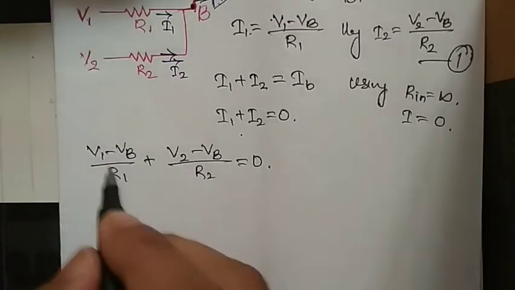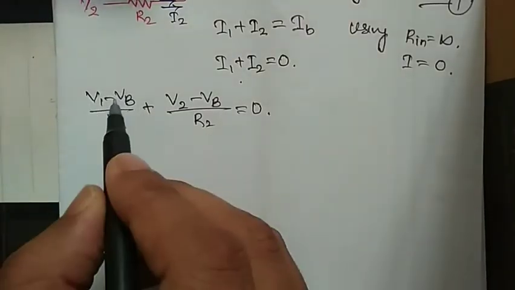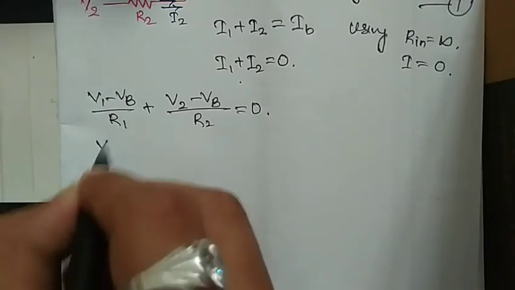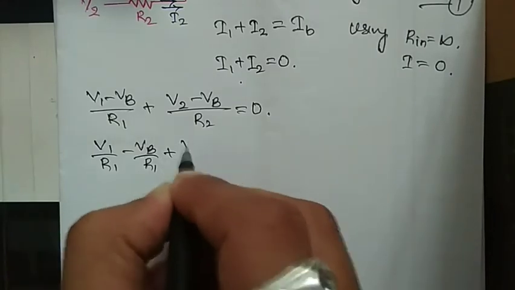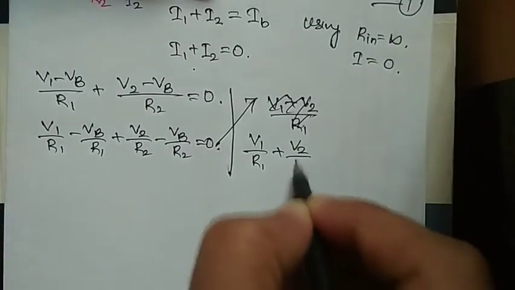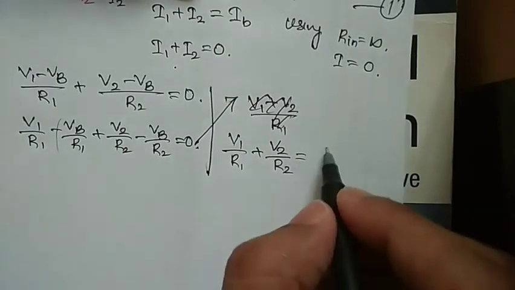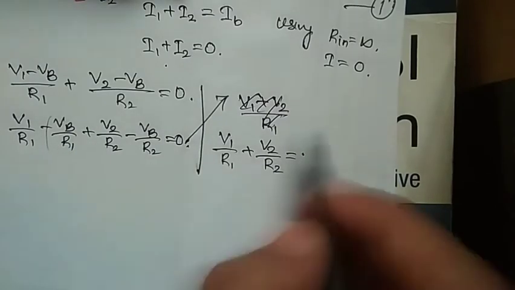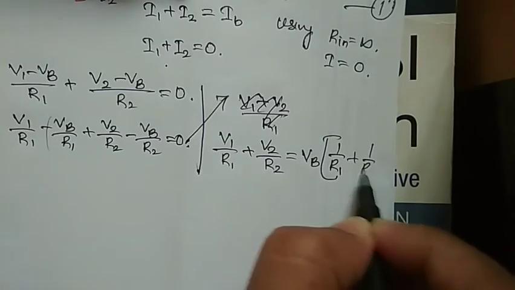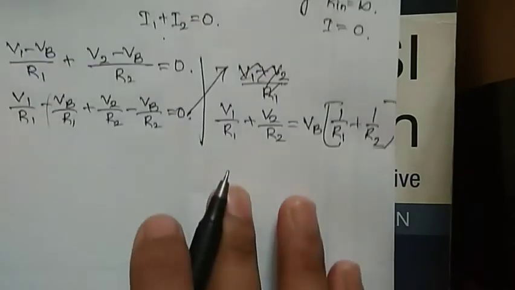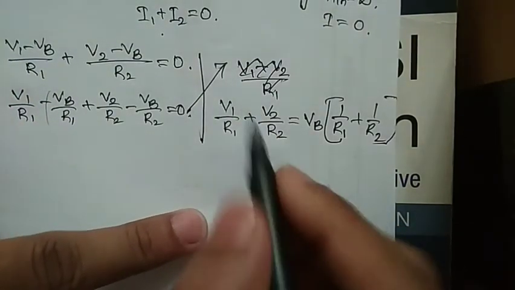So let me derive these equations. Dividing in terms of smaller ones, that is V1 by R1 minus VB by R1 plus V2 by R2 minus VB by R2. Let me move the VB terms to the other side. The minus becomes plus VB into (1 divided by R1 plus 1 divided by R2). So what we define here is your VB value.